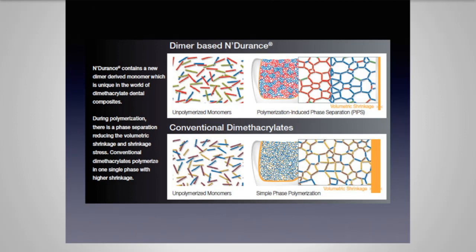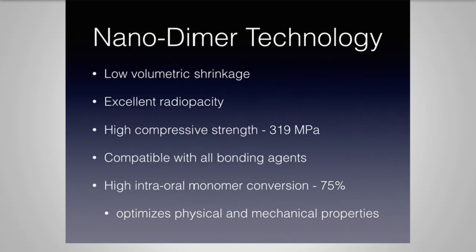What Endurance does, which is very, very different, is it creates these various phases and separations, as outlined by the red and blue, that basically enables this to have a little bit more flexure, a little bit less shrinkage, because it's not lumping and clumping together all at once. This is remarkable chemistry, and I haven't seen anything else quite like it out there so far.